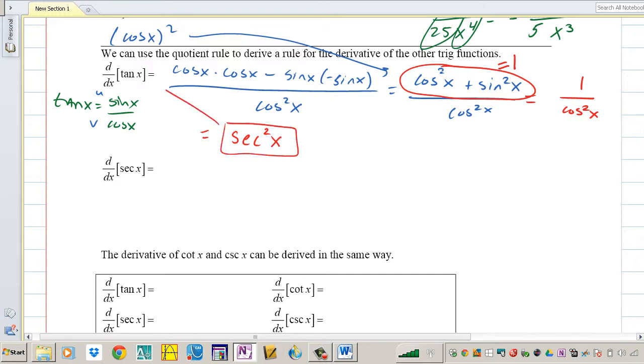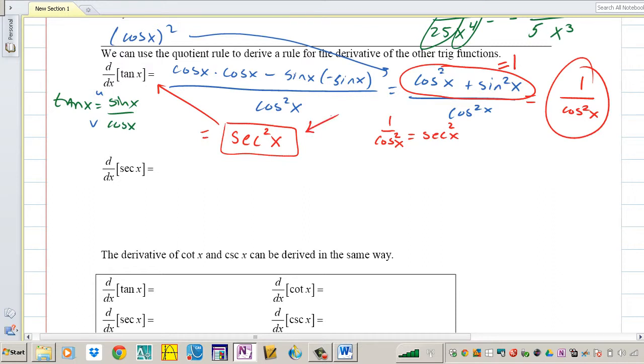And that is my derivative of tangent. Let me explain this part. Last year you learned the reciprocal identities. 1 over cosine was the same thing as secant. Well, 1 over cosine squared is the same thing as secant squared. So that is how I replaced this fraction with that expression.